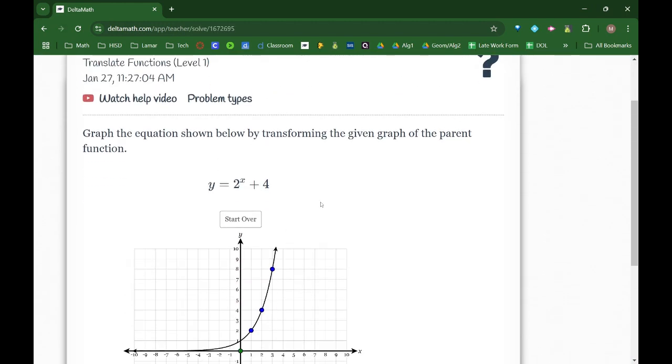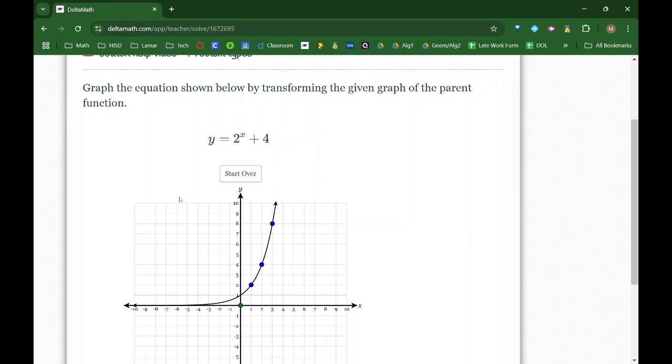And perfect, it gave me an exponential. So they want us to transform this given graph by moving these blue dots here, or this green dot here, if you just want to shift things around. The blue dots are helpful if you're trying to stretch or compress this graph, but if you look here, this is our exponential function.